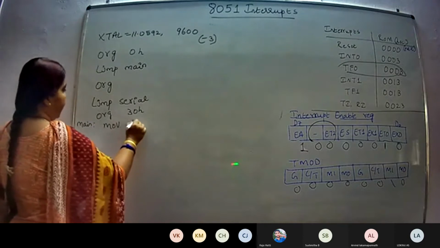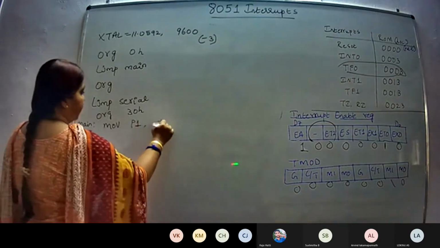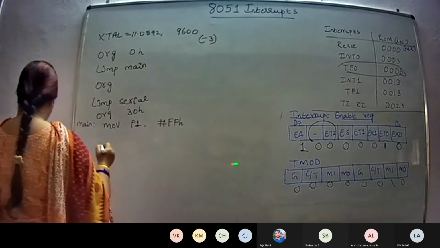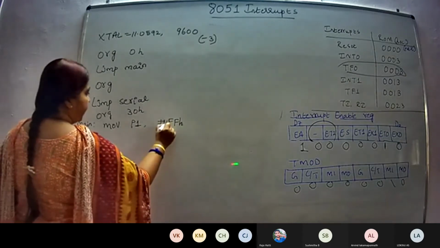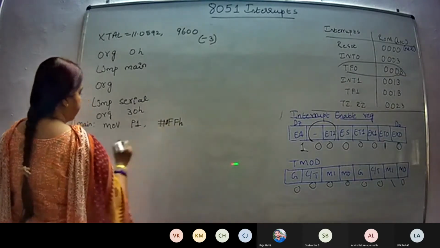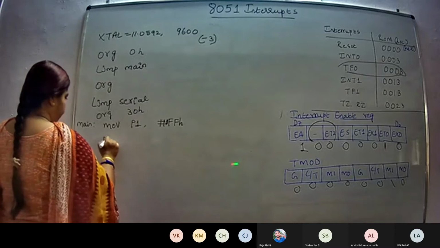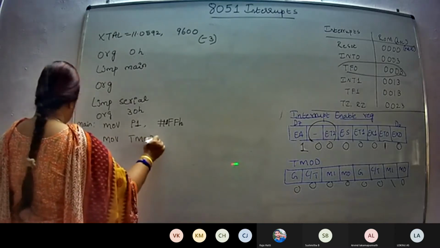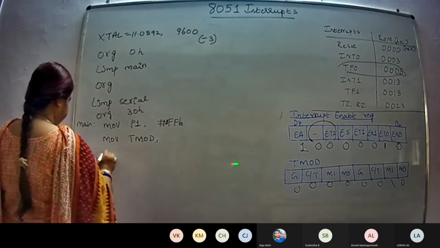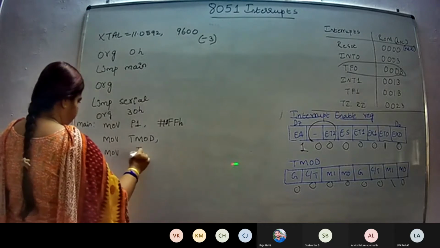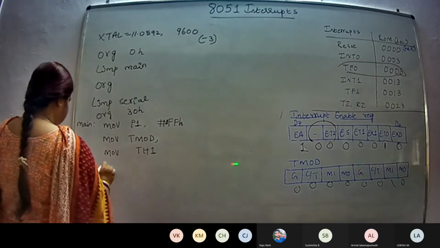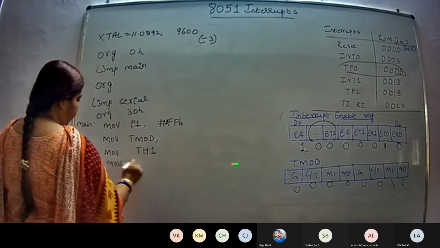Make port 1 an input port, so make all the bits high by #0FFH. When you write an alphabet, please write the 0. What should be loaded in TMOD now? TMOD register for serial communication. And what should be loaded in TH1? Hope you all know.